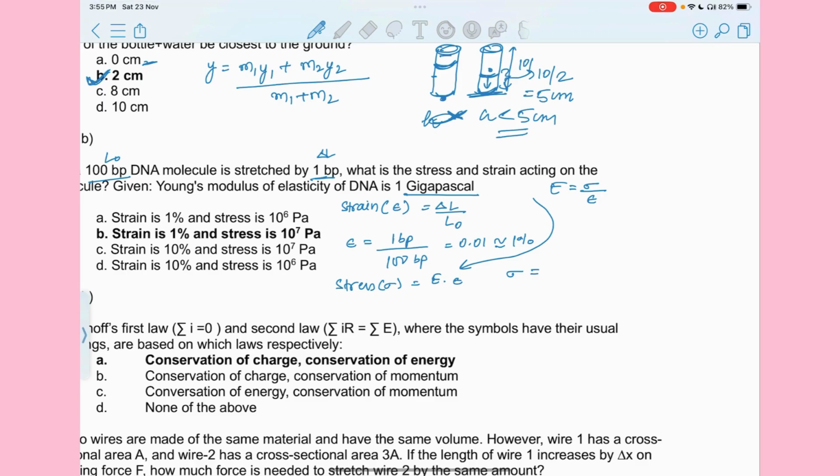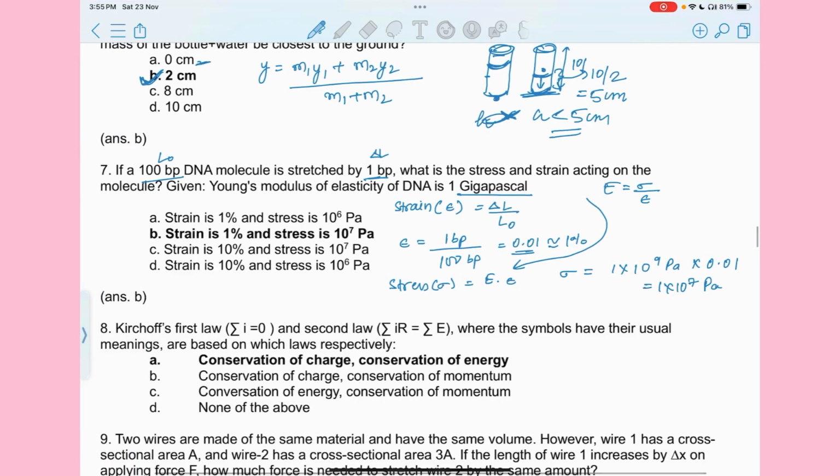Giga means 10 to the power 9. So 1 into 10 to the power 9 pascal into what we got as strain, 0.01. It will come to 1 into 10 to the power 7 pascal. Looking at the options, it is option number B.